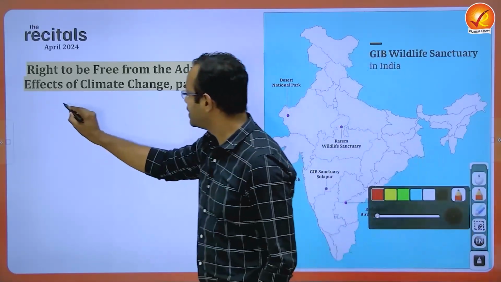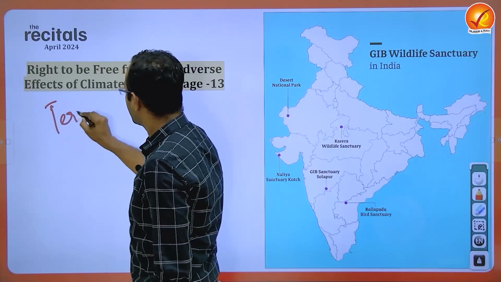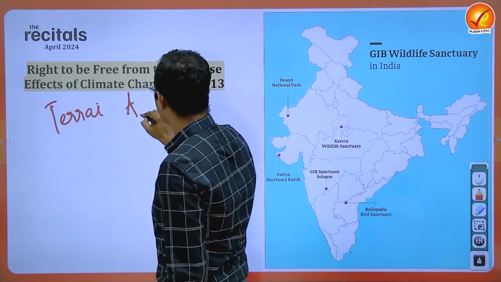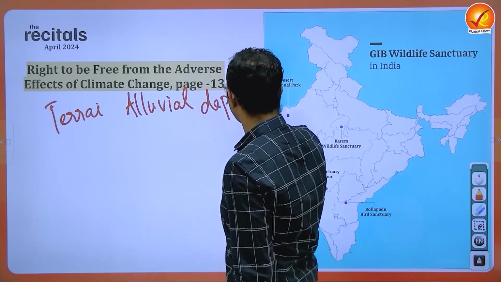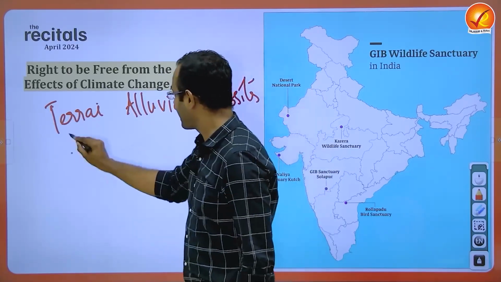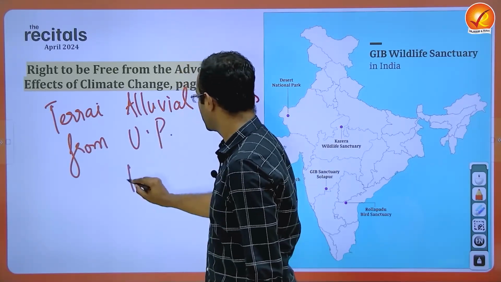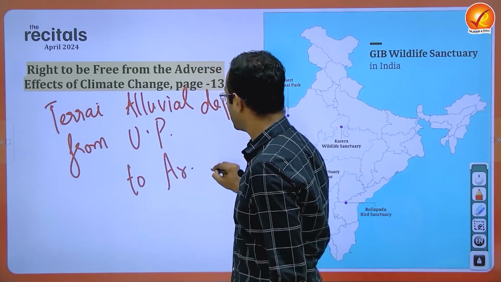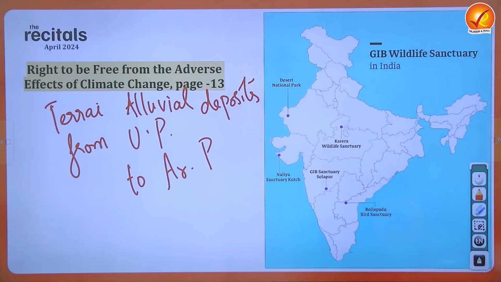And with respect to India, it is present in the Terai alluvial deposits from Uttar Pradesh to Arunachal Pradesh.